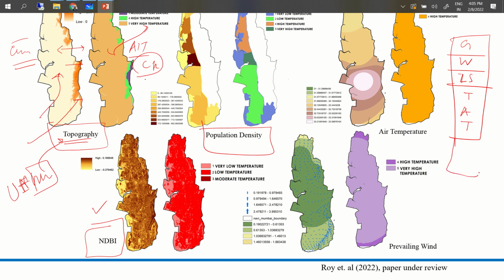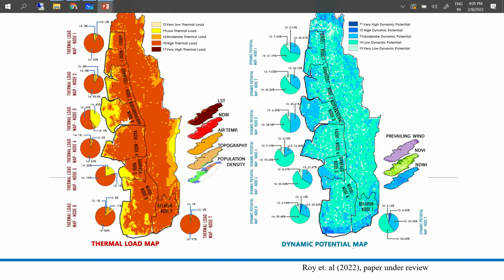Other information can all be superimposed, like population, pollution level and so on, and most importantly the building component. Building component is also superimposed on that. So using these components, you can read a little bit on how we prepare urban climate maps for a city.